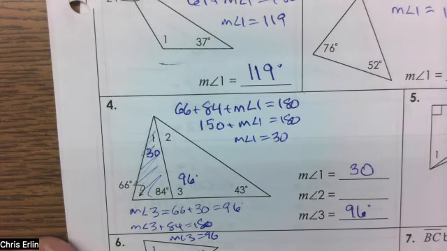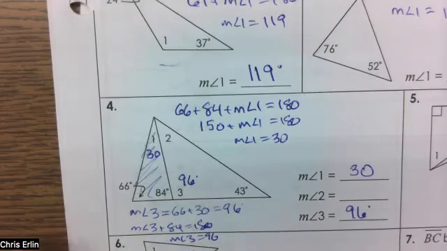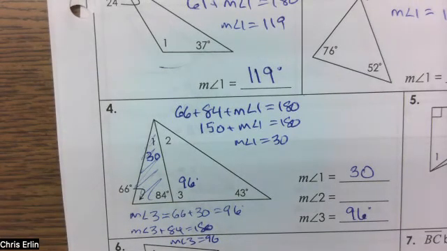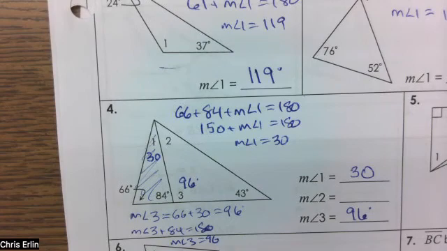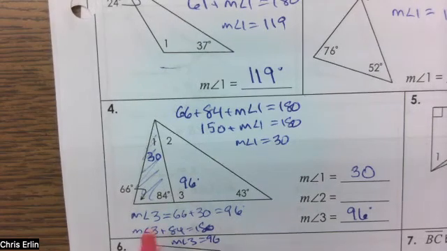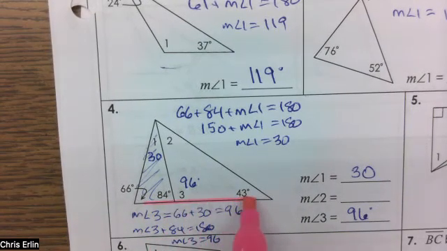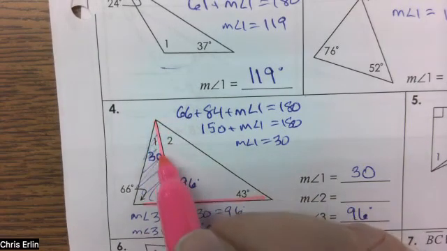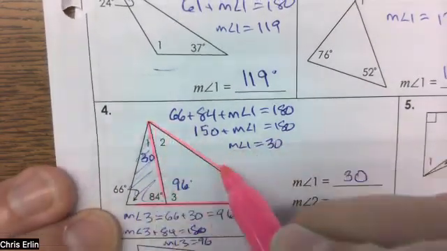Give you a hint, it uses 84. Almost. We're not going to use alternate interiors here because alternate interiors are only good for us if, in fact, they are parallel, and we don't have any parallel lines here.